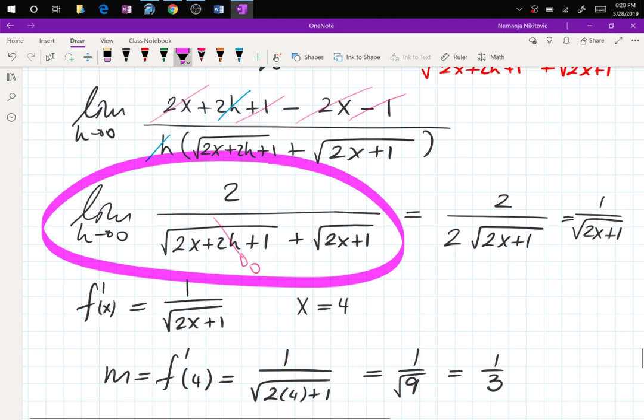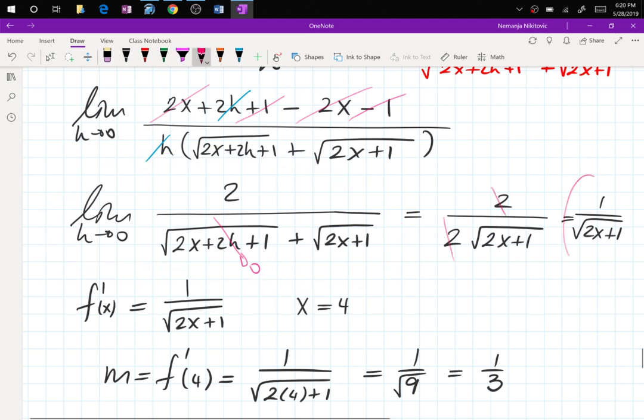We get square root of 2x plus 1 plus square root of 2x plus 1. That's 2 square roots of 2x plus 1. And in that case, the 2's will cancel, leaving the derivative as the answer in the end.